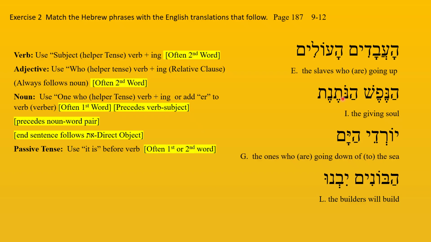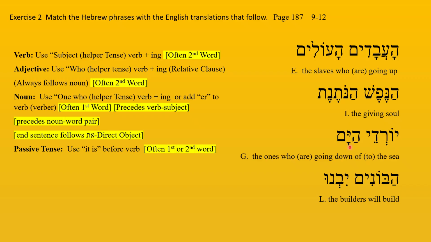So this is your participle. So the soul who is giving, or the giving soul. Better translated, the giving soul. But this whole thing is going to be perhaps the subject of a sentence. You're still needing to find another verb to make it a sentence. Next one, number 11.